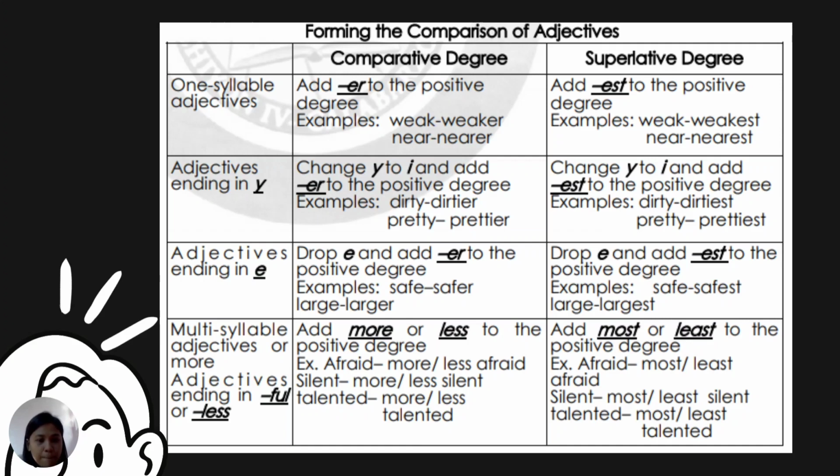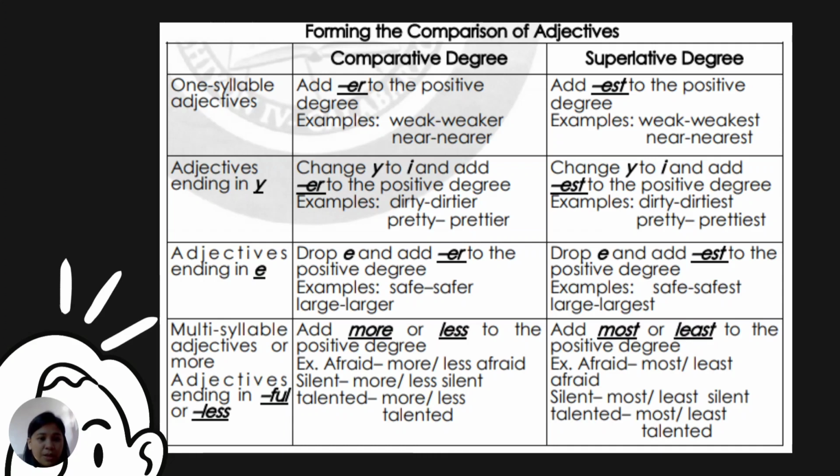And in forming comparison with multiple syllable adjectives or adjectives ending in ful or less, add more or less to the positive degree. Example, afraid, more afraid or less afraid, silent, more or less silent, talented, more talented or less talented.